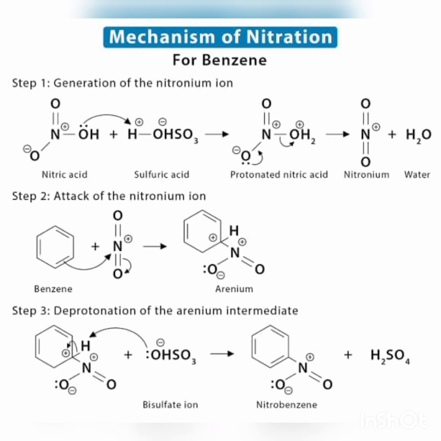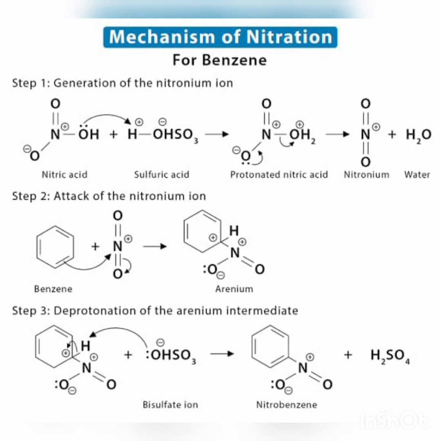Here HNO3, nitric acid, will react with sulfuric acid, H2SO4, to give protonated nitric acid, H2NO3. This will give the nitronium ion, NO2, liberated with the elimination of a water molecule.